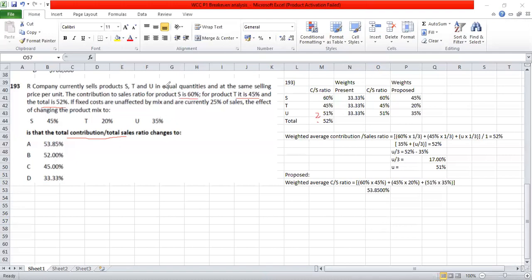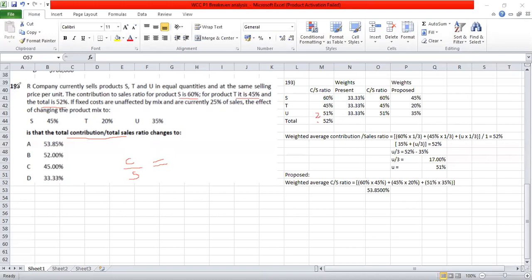At present they are selling in equal quantities at the same selling price per unit. The contribution to sales ratio per product is this. Now, what is contribution by sales? If any of these numerator and denominator variables change, then the C by S ratio changes.